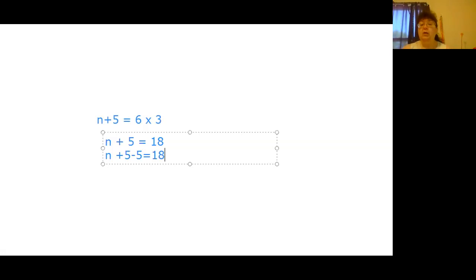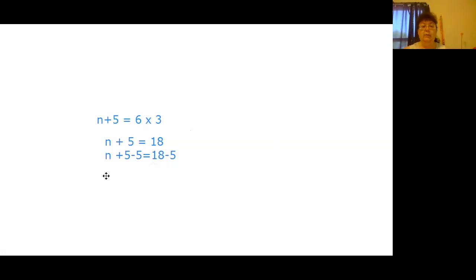Then since I subtracted 5 here, I've also got to do the same thing on that side. So they have to match. If you're adding something to the left side, you have to add the same number to the other side. That way they are matching.